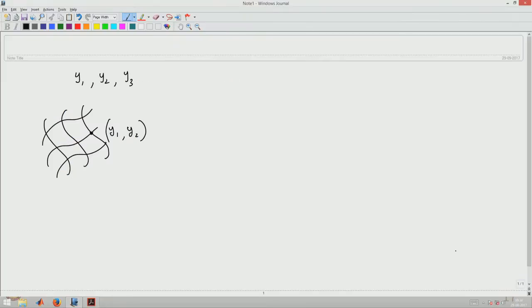In this case, this is constant y1, and these are constant y2 surfaces. So, we have constant y1 surfaces going this way, and all along these curves y1 remains constant, and then the other is where constant y2 is.